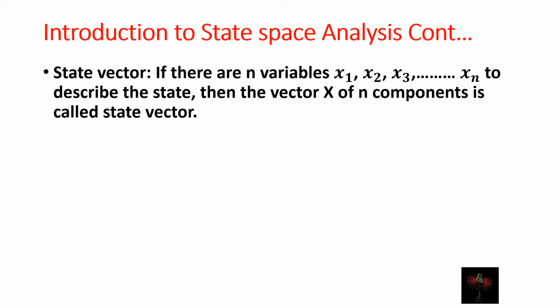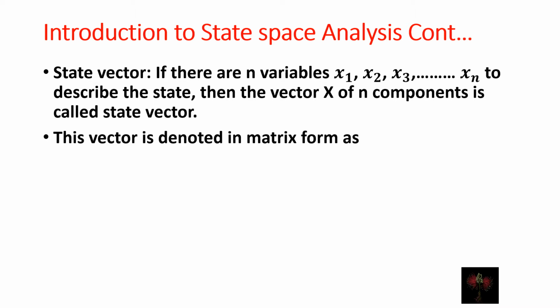State vector. If there are n variables x1, x2, x3 up to xn to describe the state, then the vector x of n components is called the state vector. This vector is denoted in matrix form as x equals the column matrix x1, x2, x3, x4 up to xn.